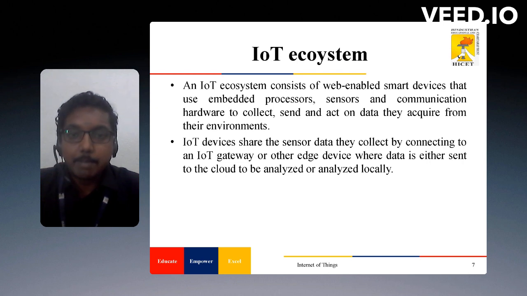The main purpose of IoT is also the same: you want to share information from one device to another device. That is possible with the help of connectivity. So all the devices need to connect with each other. In that case, you need the IoT gateway or edge device, to which device you are going to share the information ultimately.